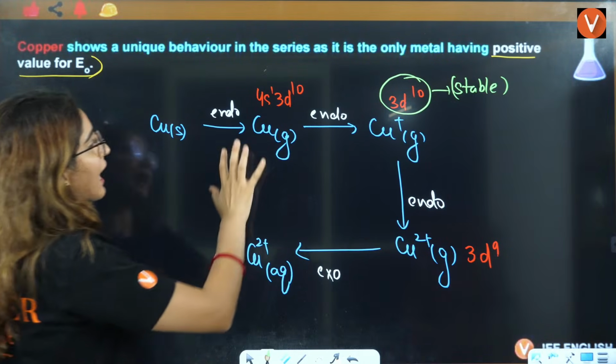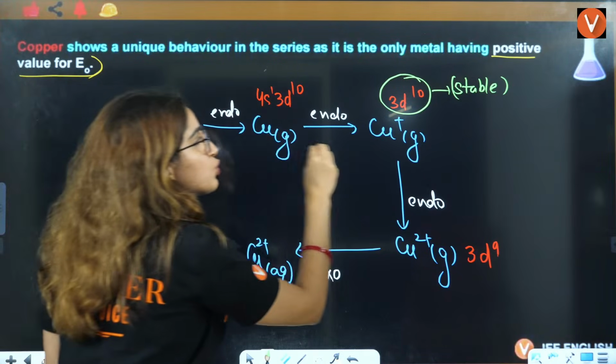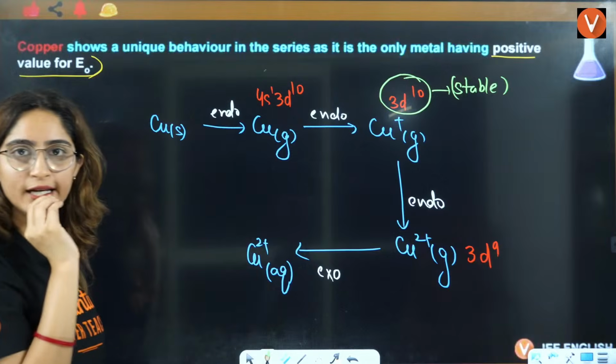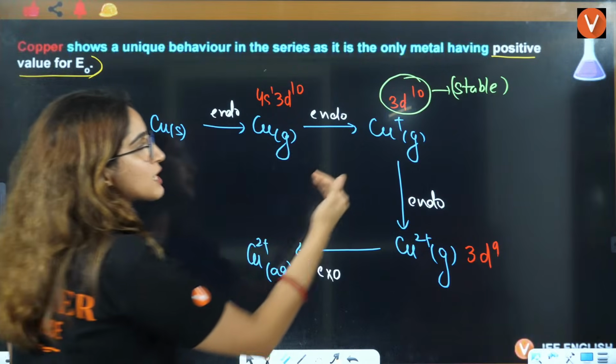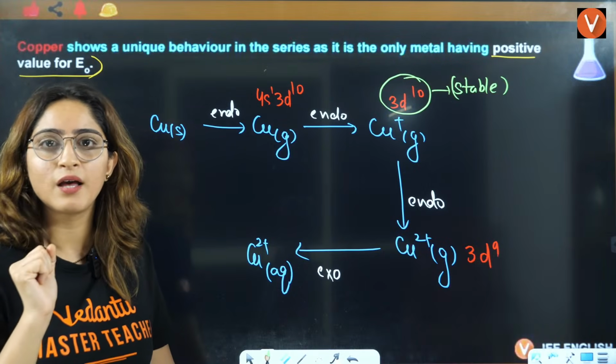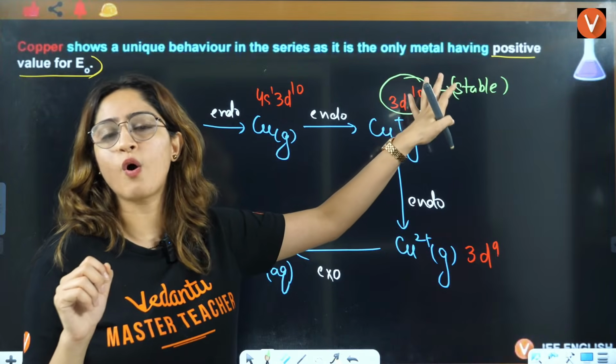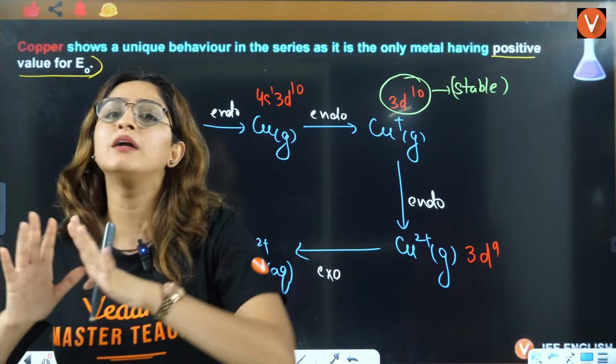If I am saying that this 4s1 3d10 is losing one electron and becoming 3d10, then after that it is losing one more electron, only then can it become 3d9, right? But we know that this is a highly stable electronic configuration because of fully filled d orbitals.